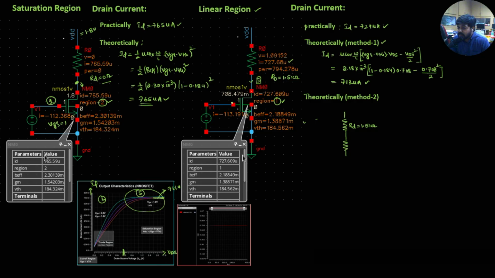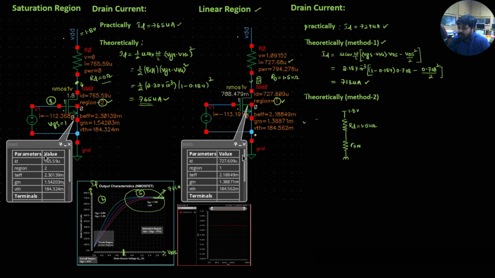For digital applications we can make use of the transistor when it is operated in the saturation and linear regions. So it offers R on when it is an on switch. I am going to replace it with a resistance of value R on, and finally it is connected to the ground. The supply voltage VDD is given around 1.8 volts. So this is the simple circuit.